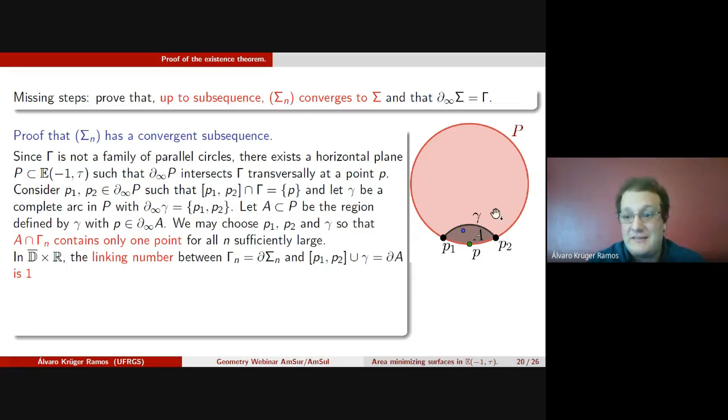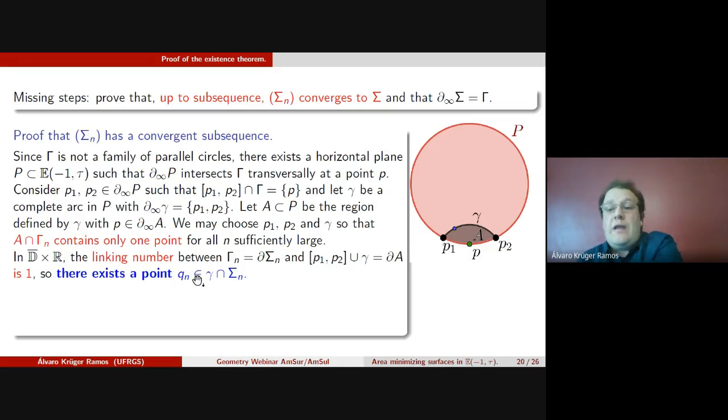Since the linking number is a topological property, and this is the boundary of a disk, and gamma n is the boundary of another surface, there will be another point of intersection between the boundary of A and the interior of sigma n. So there is this point Qn.